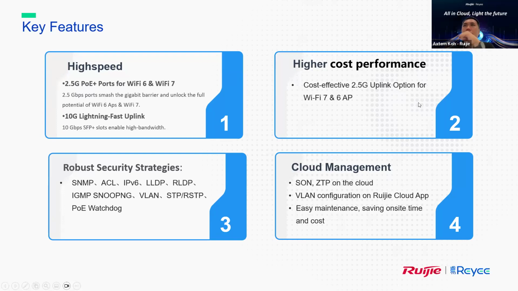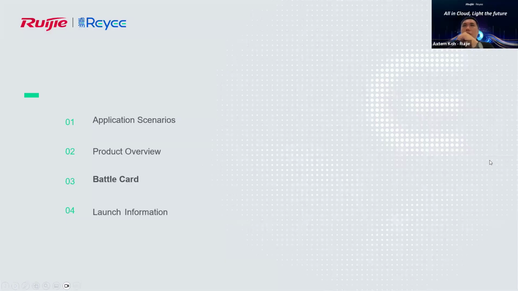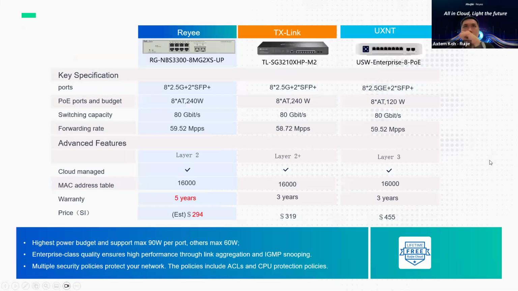This is very high cost performance, especially for Wi-Fi 7 and Wi-Fi 6 environments, and cloud manageable. This is very important: lifetime cloud manageable for my device. They do support SON, VLAN configurations, network planning, maintenance, syslog, everything will be supported in our MPS 3300.